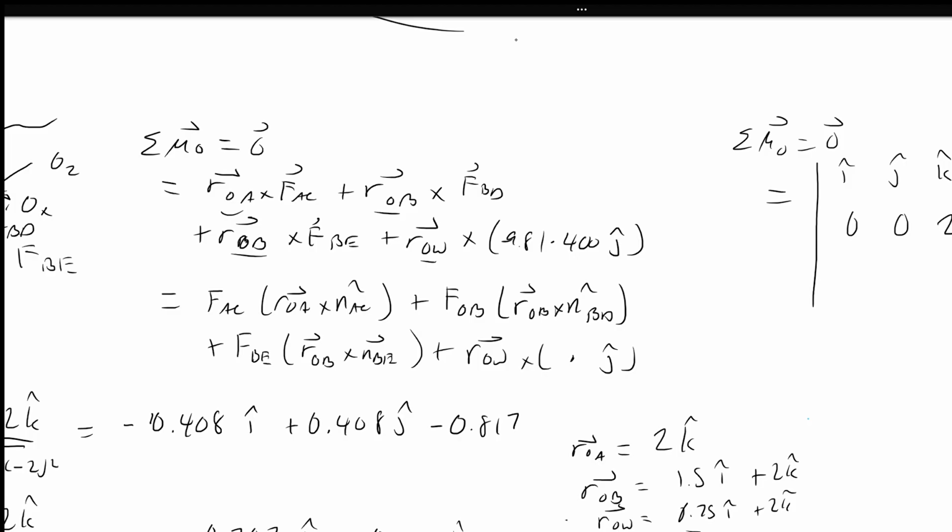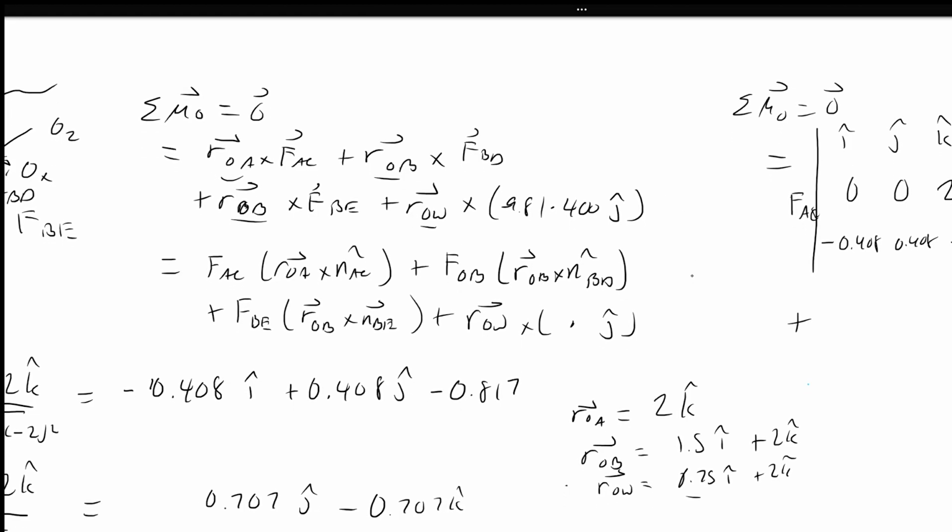And we need to put the FAC here on the outside. And then NAC is over here: minus 0.408, 0.408, minus 0.817. Great, that's one down.